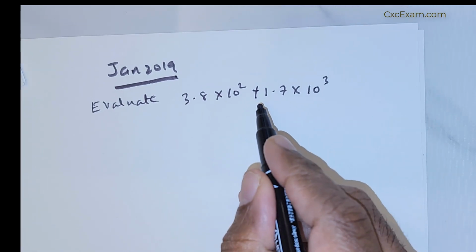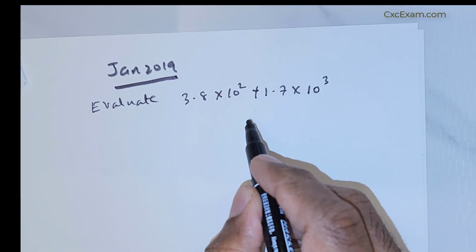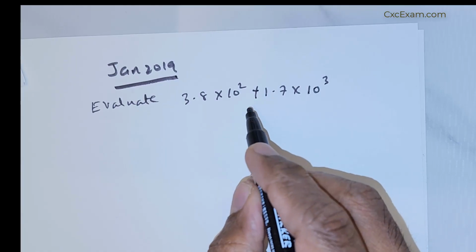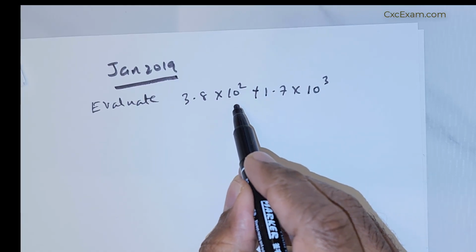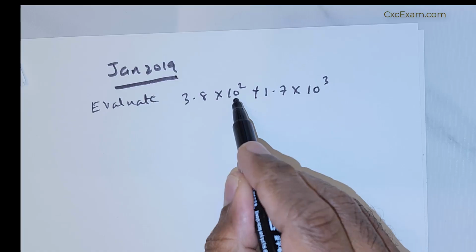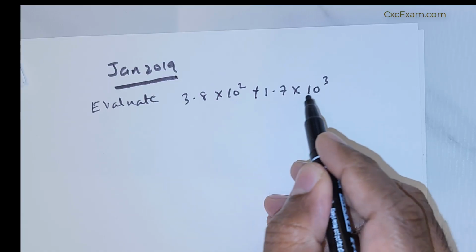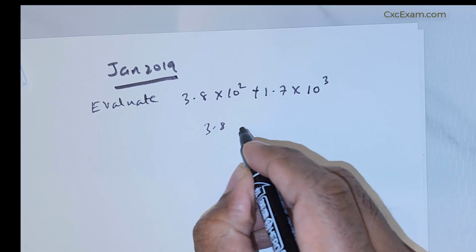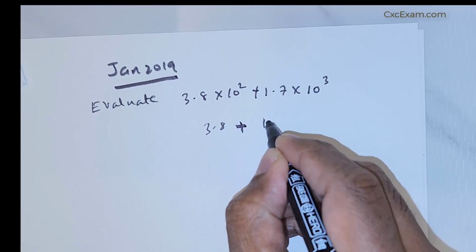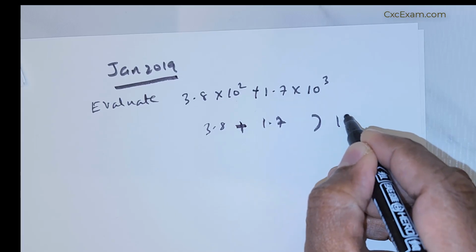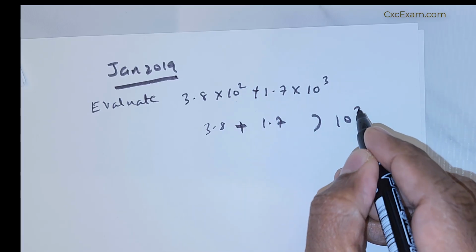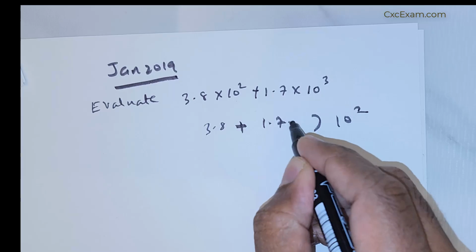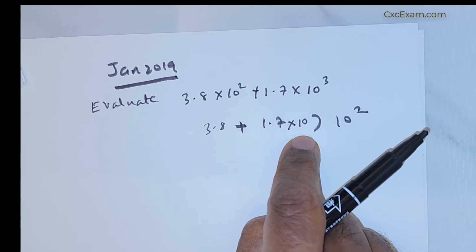So what you can foremost do is take 10 raised to the power of 2 out. So this is going to be 3.8 plus 1.7 times 10, if I take 10 raised to the power of 2 out.